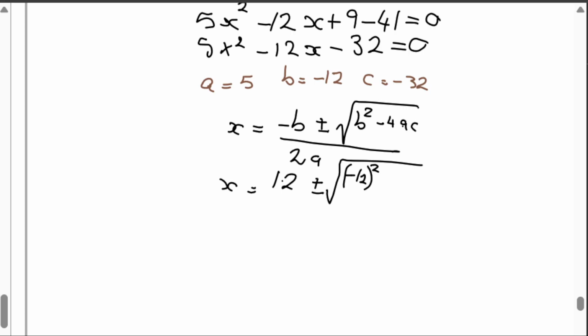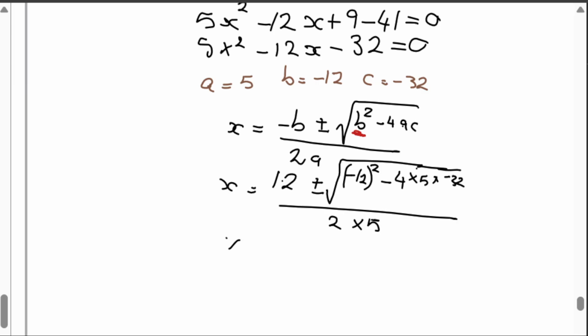So for this part specifically, please write the brackets. And then minus 4 times a, which is 5, times c, which is negative 32, divided by 2 times 5.